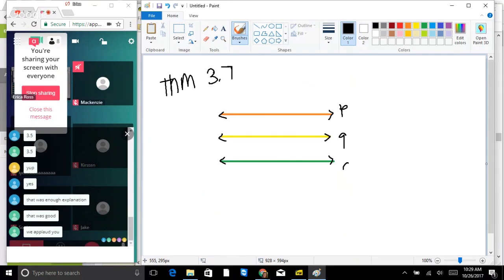Okay, theorem 3.7 is called the transitive property of parallel lines. We've heard this word before, this transitive word, several times, right? Transitive applies when, like, A equals B and B equals C, that means A equals C. So all of a sudden we are going to apply this to parallel lines.